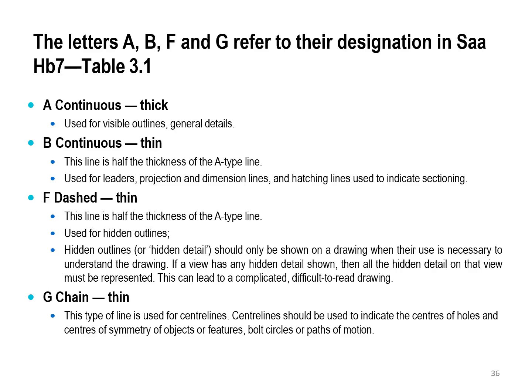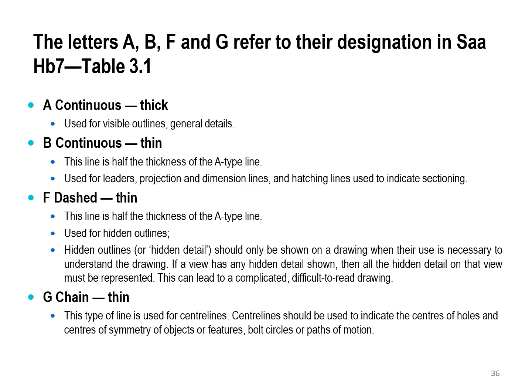The F dashed line, thin, is going to be half the thickness of the type A line, used for hidden outlines. The hidden outlines or hidden details should only be shown on the drawings when their use is necessary to understand the drawing. If the view has any hidden details shown, then all the hidden details on that view must be represented, and this can lead to a complicated, difficult to read drawing.